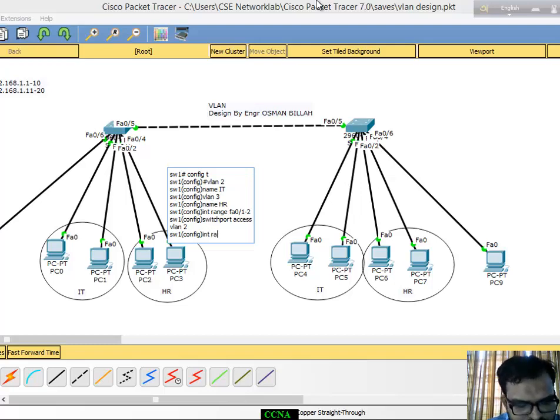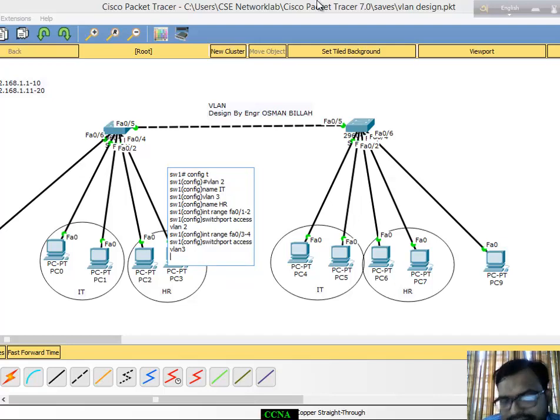Int range fa 0/3 to 4. Okay. Switchport access VLAN 3. Okay, this is the technique for the port on switch 1.